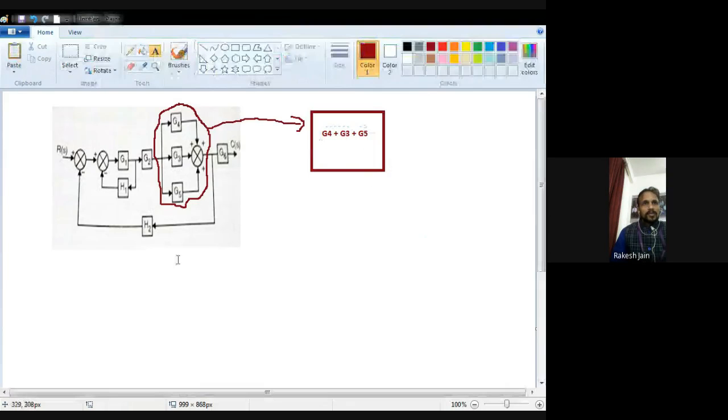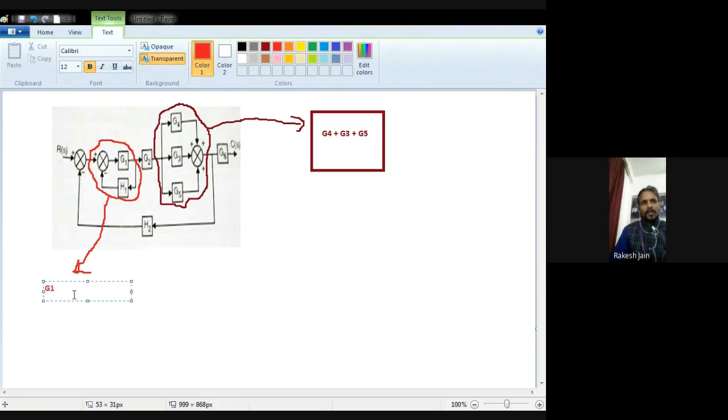Yes. Now see, again in this question, see this G1 and H1, this is forward gain and feedback gain present. So how we can solve them? If the forward gain is G1 and feedback gain is H1, then these blocks will be completely reduced with the help of forward gain divided by 1 plus or minus forward into feedback. We know what is the forward?